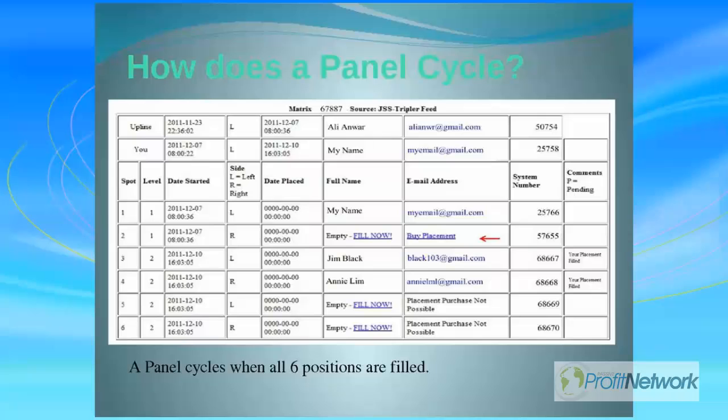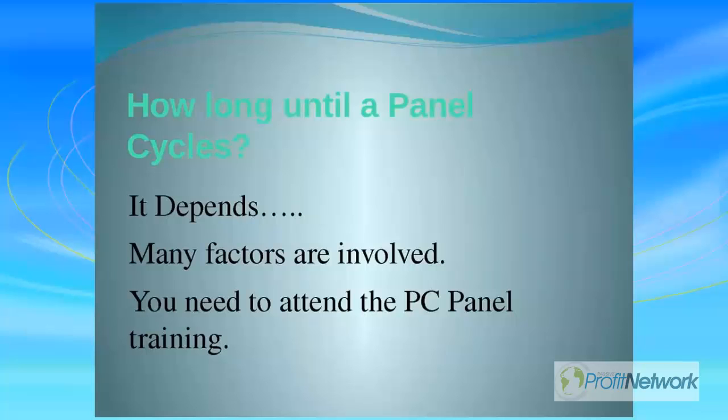So how does a panel cycle? A panel cycles when all 6 positions are filled within the lower half of the PC panel. Now, how are they filled, and how long does it take until a panel cycles? That really depends.